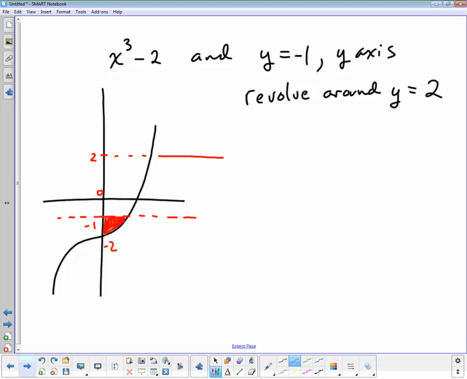So we need to find the bounds of that integral. You know, my left bound is x equals 0, but the right hand bound we have to find. So y equals x cubed minus 2, and y equals -1. So now x to the third equals 1, adding 2 to both sides. So x is equal to 1.